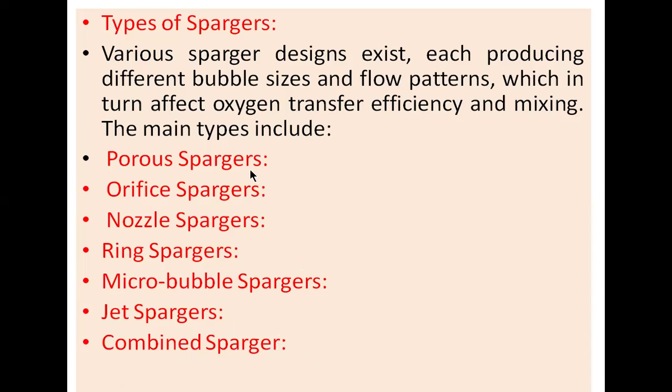From the examination point of view, if you write any three, that is more than enough. The definition, functions, and types are more important. So far we went through the definition of the sparger, the primary functions of the sparger, and the types of the sparger.